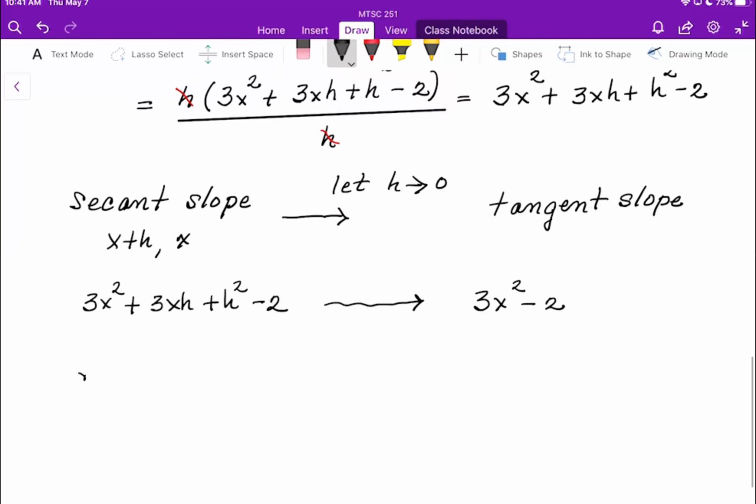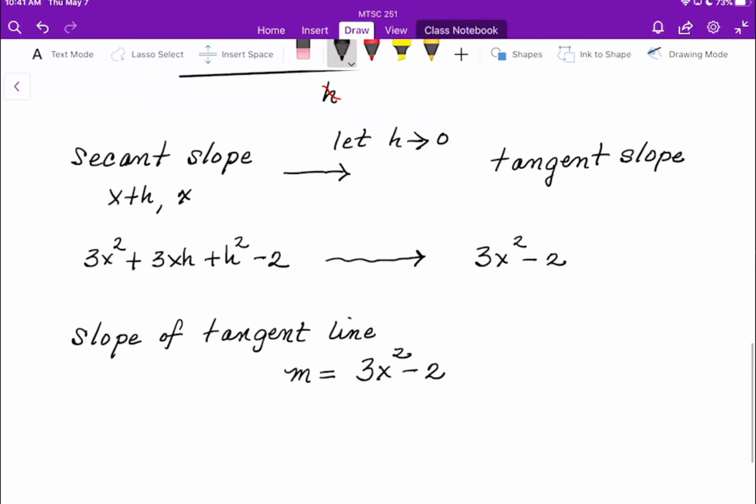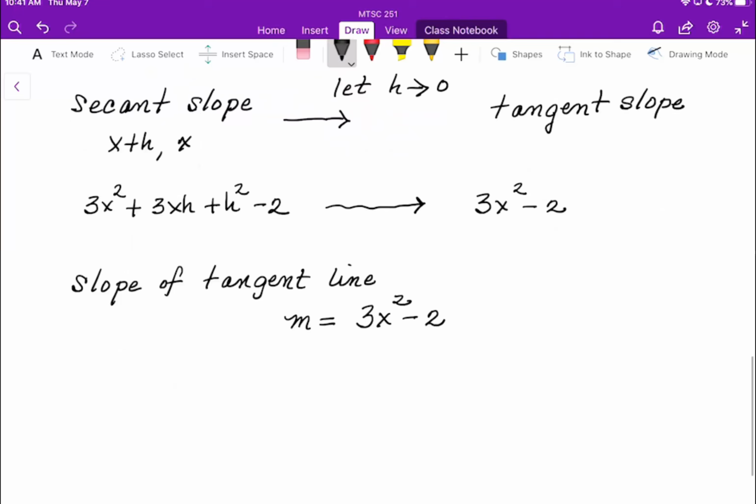So the slope of the tangent line, which in many contexts we use m, is a function of x, and it is 3x squared minus 2. So we were asked to find the slope of the tangent line at the point 2, 4.